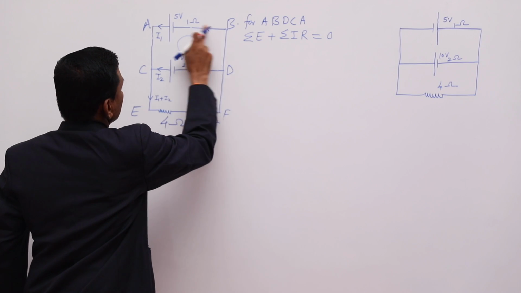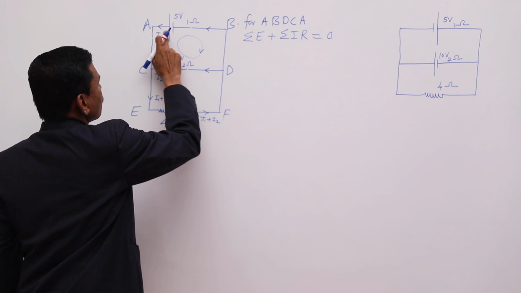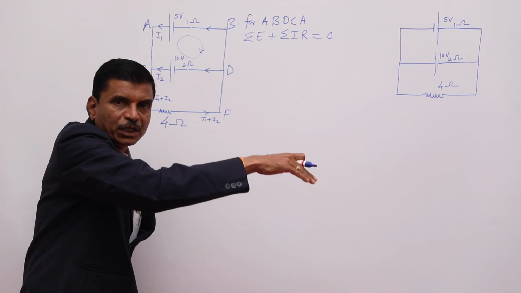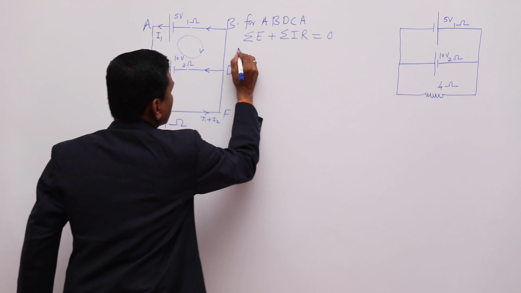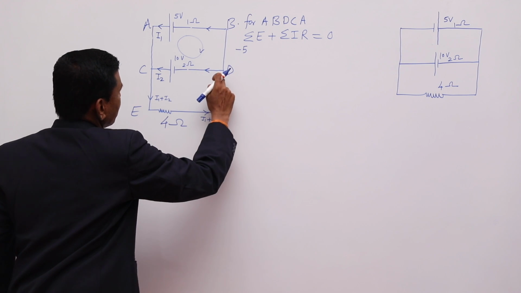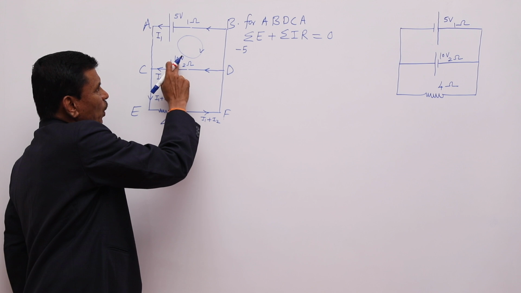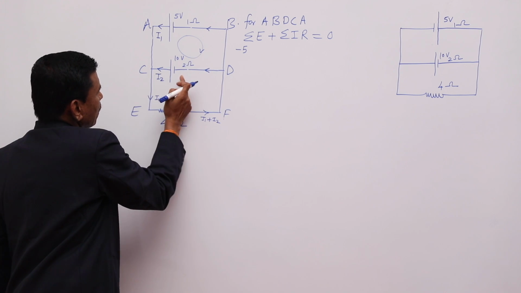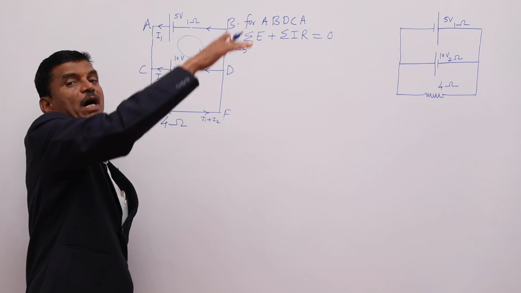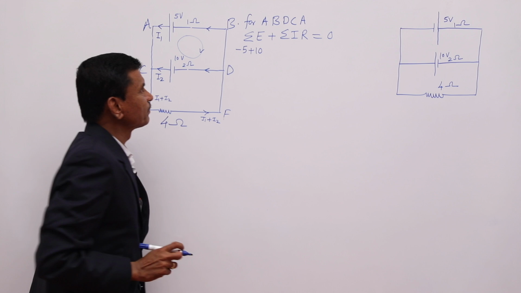From A to B we are going through the 5 volt battery, but we are going from positive terminal to negative terminal, so we are going to lower potential. So take that EMF as minus 5. Then we come to D, and then we go through the other battery, 10 volt, from D to C, from negative terminal to positive terminal, so from lower potential to higher potential. So 10 volt is taken to be plus 10.